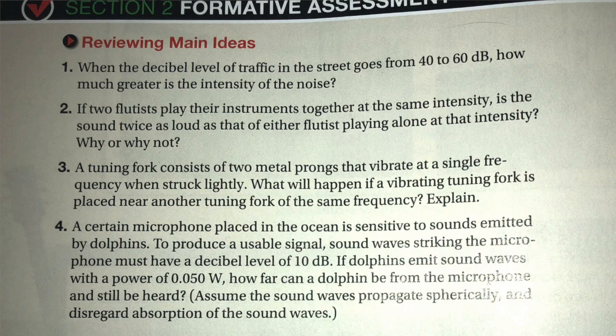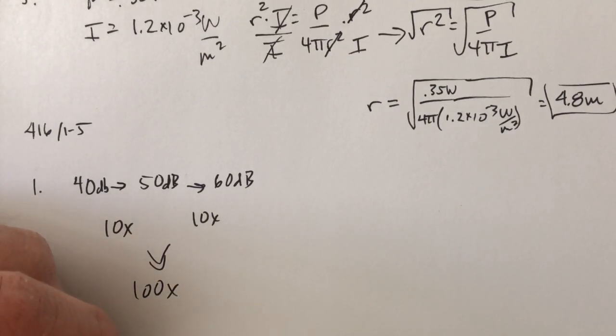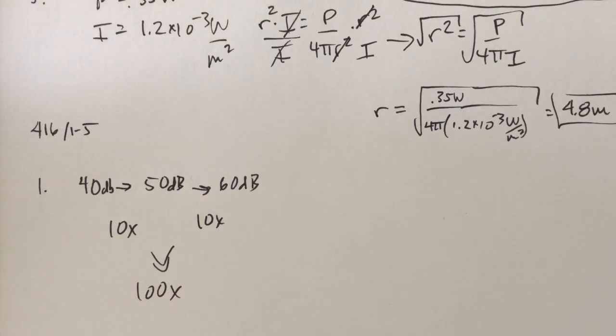Number two, if two flutists play their instruments together at the same intensity, is the sound twice as loud as that of either flutist playing alone at that intensity? Why or why not? So again, here what's happening is you've got two people playing the same instrument, the same amount. So now you have 2 times the intensity, but that is not 2 times the decibel level.